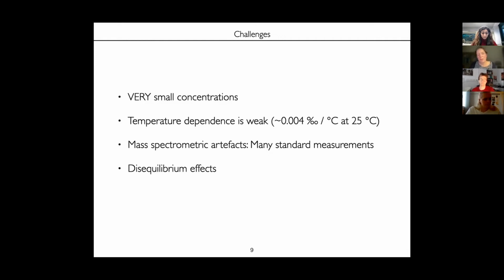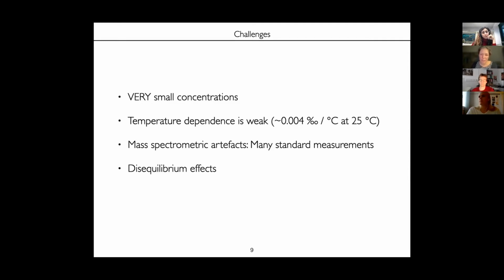And if that wasn't enough, we also have artifacts that can happen during the measurements that we have to constrain with lots of standard measurements of different standards of different composition. I won't go into that here today, but that's a whole other topic by itself, how we actually use the standards to correct for mass spectrometer artifacts. And then the topic for today is, as I said, disequilibrium effects that can strongly affect the clumped isotope signal.